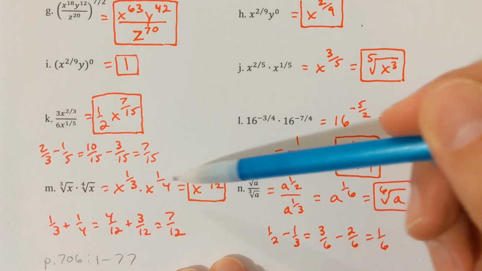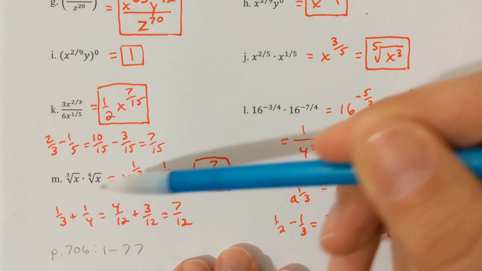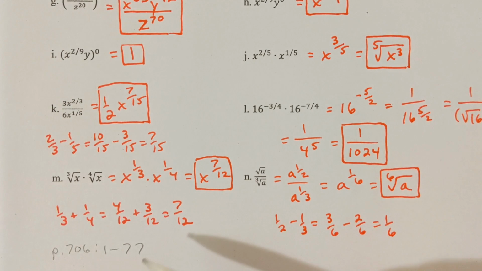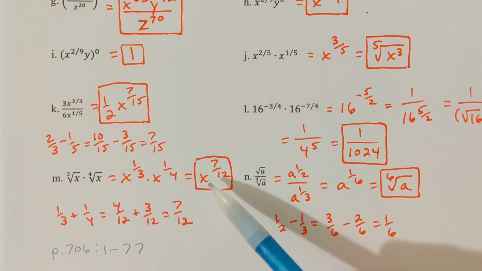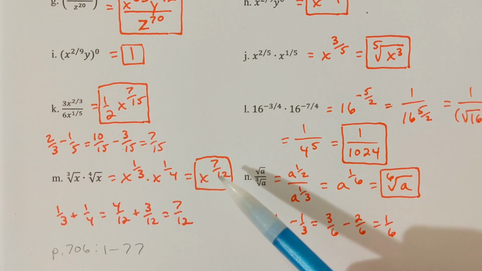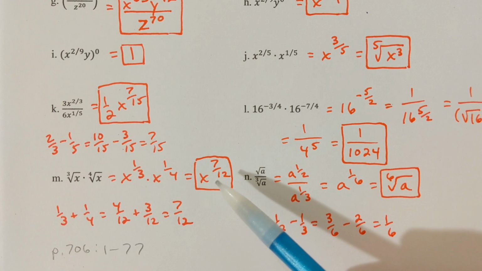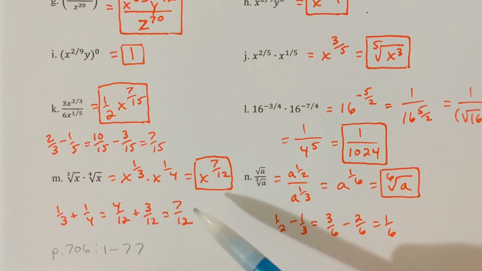I'm going to keep the base and add the powers. 1/3 plus 1/4 has a common denominator of 12. Okay, and you get 7/12 then. So x to the 7/12 would be my answer if I were to leave that in a rational exponent form.